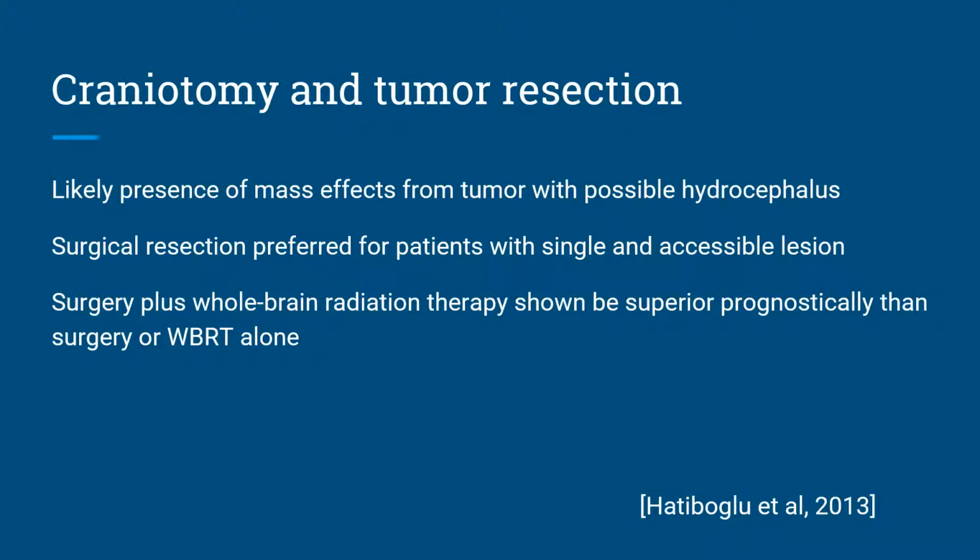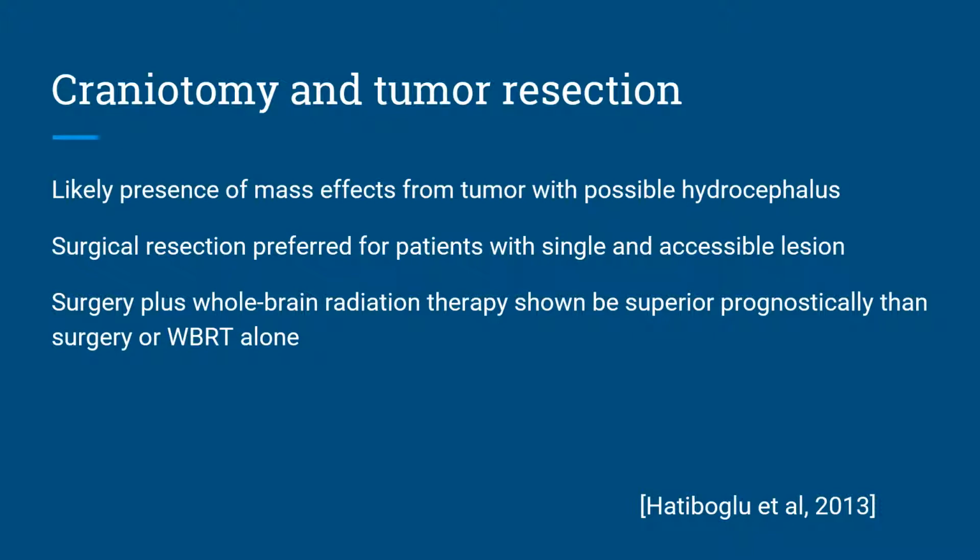So we were also able to confirm and notice during our section a craniotomy with a tumor resection. We suspected there was likely some presence of mass effects, potentially pain, headaches, obstruction of CSF flow, and maybe some neurological manifestations of the growth and possible resection.